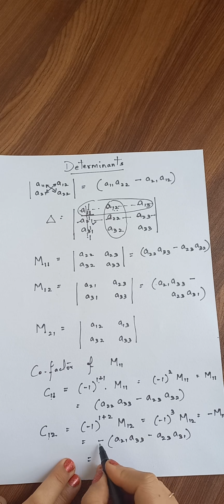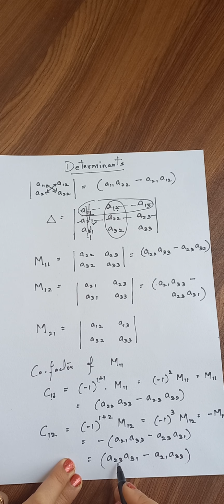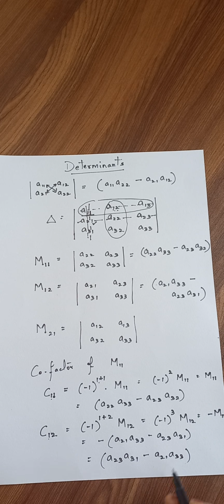If we take the minus inside, it becomes a23 a31 minus a21 a33. That's how you can find the cofactor of each and every remaining element of this determinant.